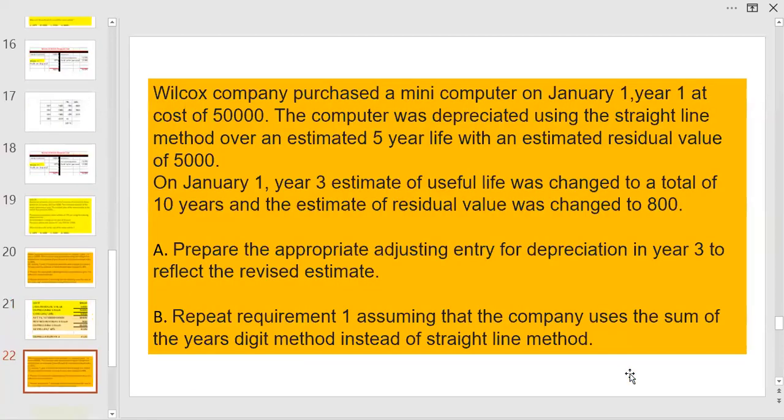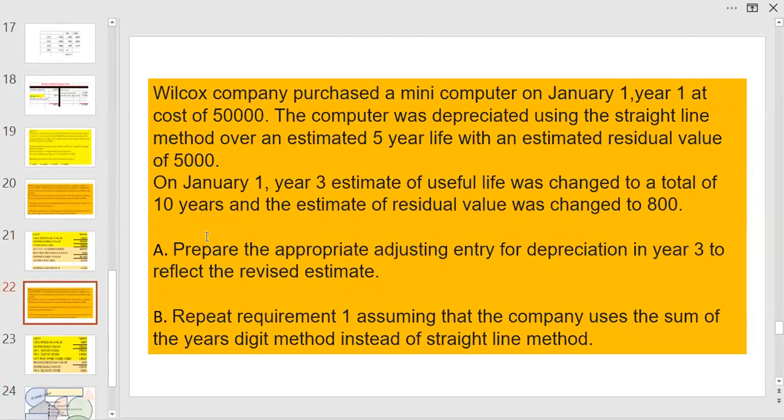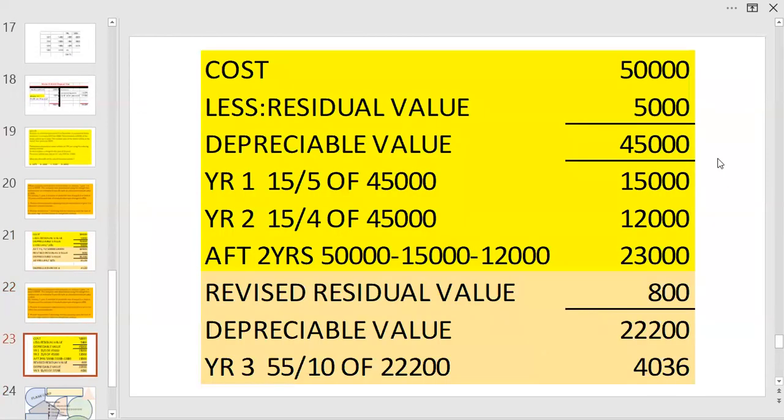Now question B says the same thing has to be done. That is to calculate the year 3 depreciation on sum of years digits method, SYD method, instead of straight line method. Here again, the depreciable value is 45,000.